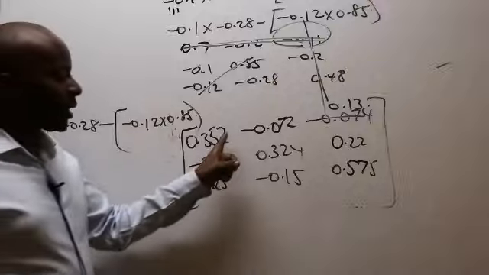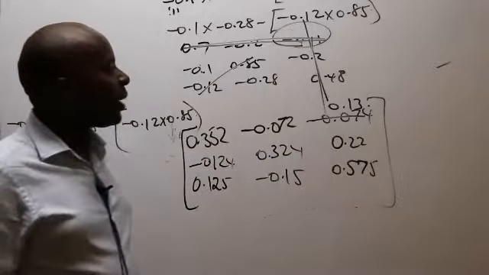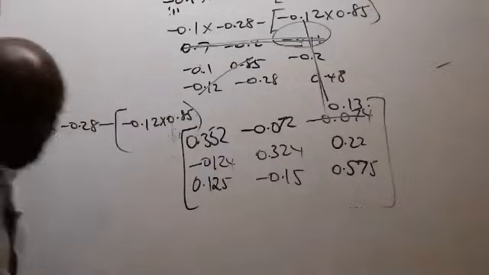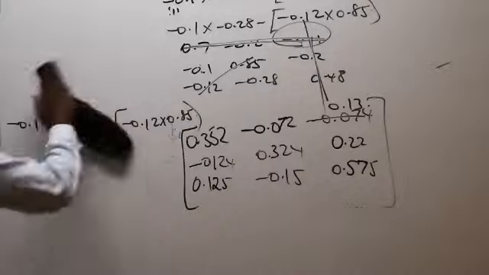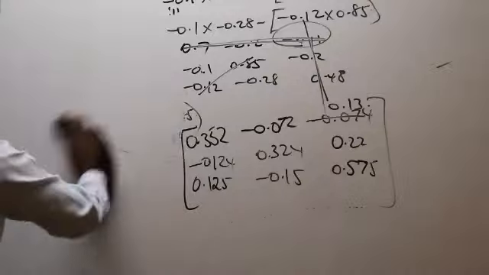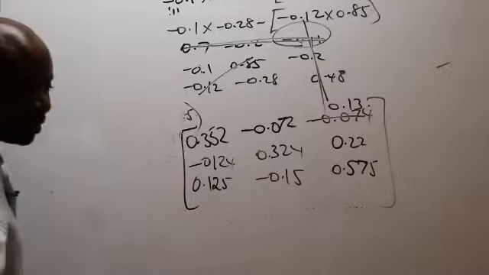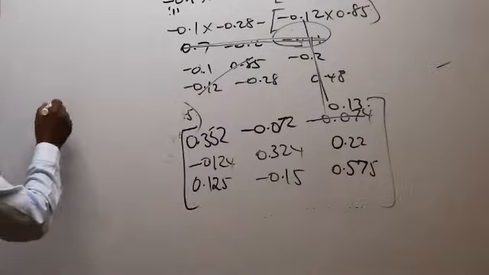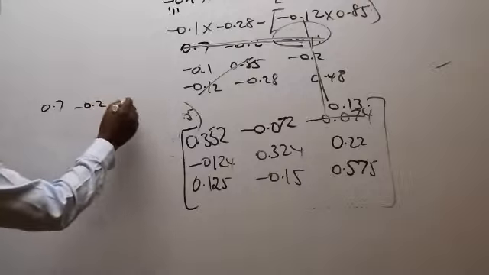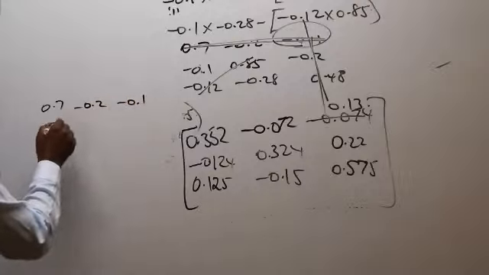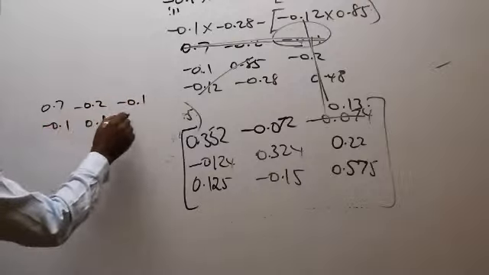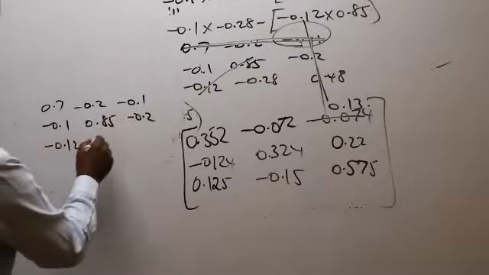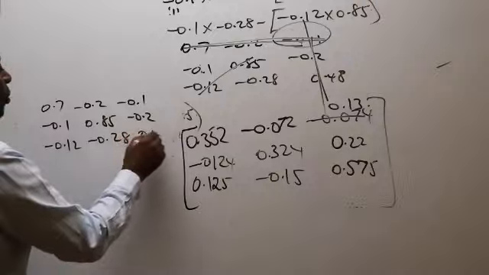For minus 6, this is quite a simple thing. I have here 0.7, minus 0.2, minus 0.1, minus 0.1, 0.85, minus 0.2, minus 0.12, minus 0.28, 0.48.